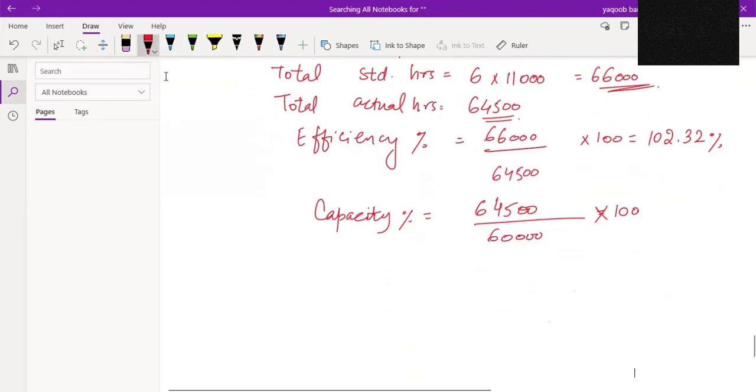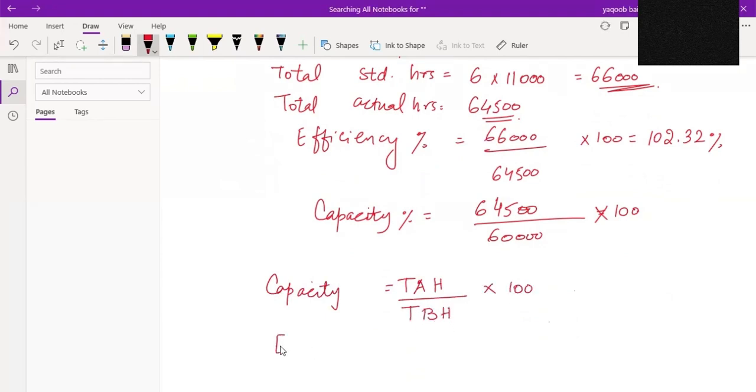Capacity is total actual hours divided by total budgeted hours into 100. And efficiency is equal to total standard hours divided by total actual hours into 100. So now we will calculate capacity ratio into 100, 107.5%.